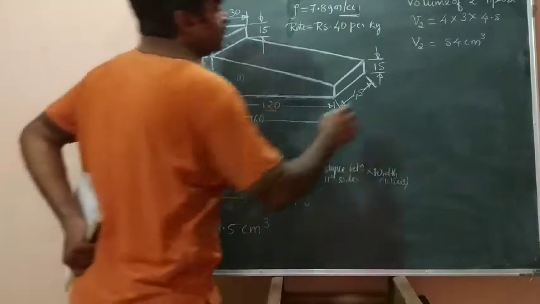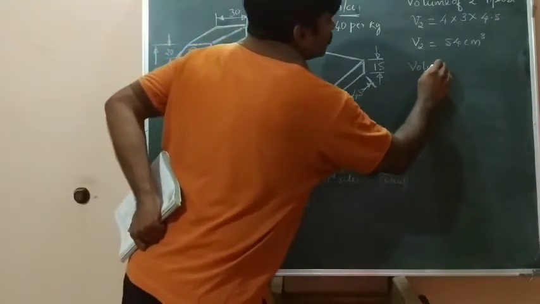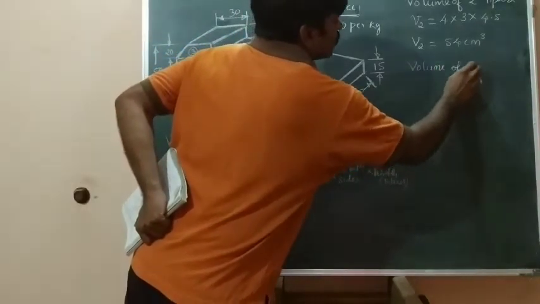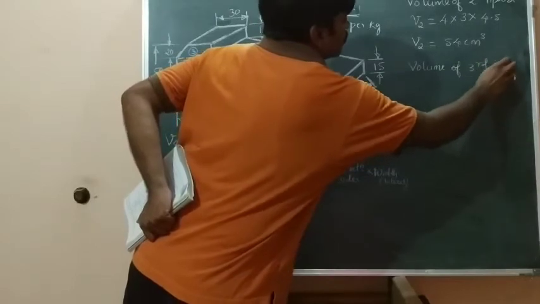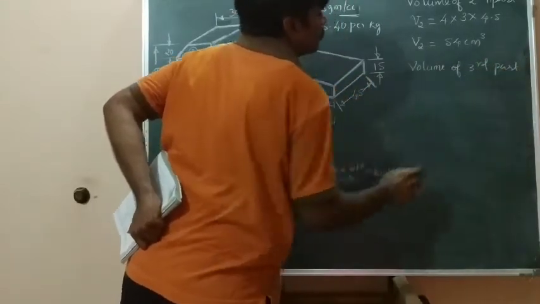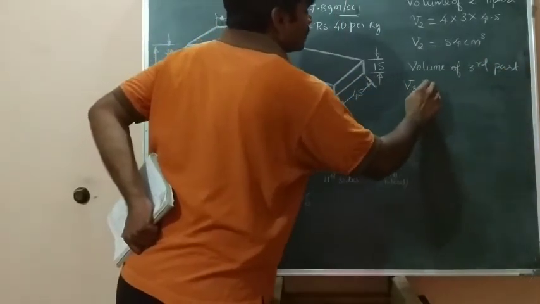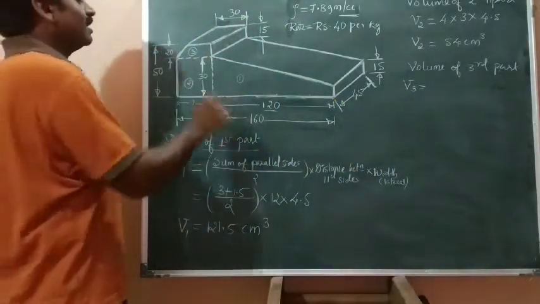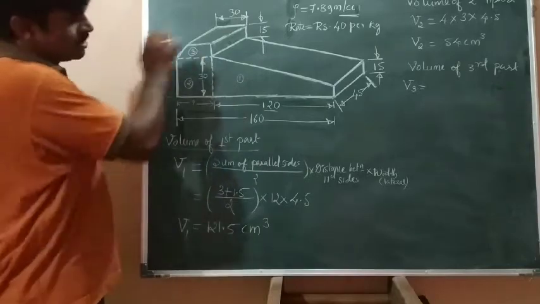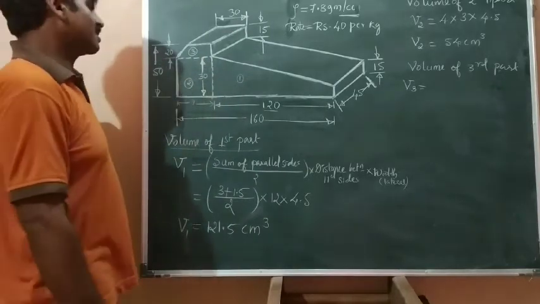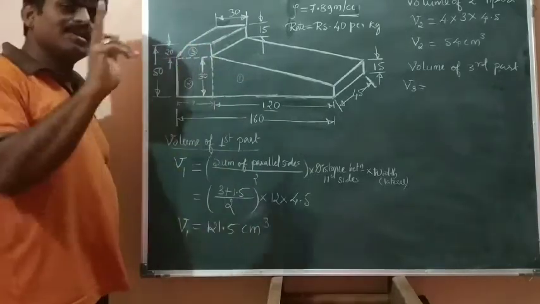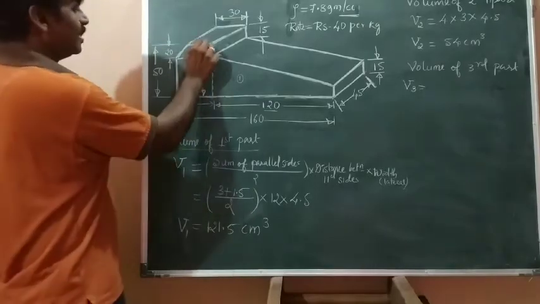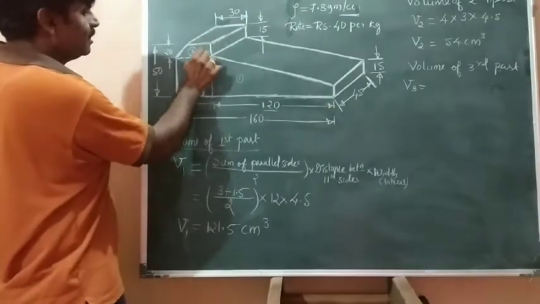So coming to part 3, the volume of the third part. Let us say V3 is equal to, once again calculating. If you observe, once again it is a trapezoidal section. Once again we need to identify the two parallel sides here. These two are the parallel sides, and these two are not.